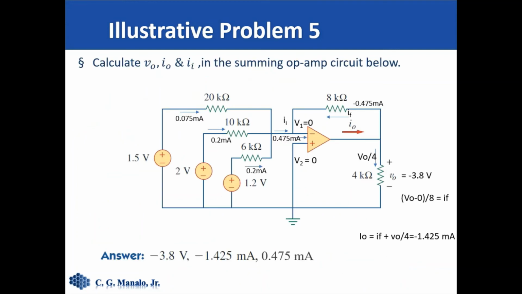So let me summarize the answers. Aside from V naught and I naught, I have shown here the sum of the currents and voltages. So for example, this one is 1.5 minus 0 divided by 20K. This one is 2 divided by 10K, while this one is 1.2 divided by 6K.